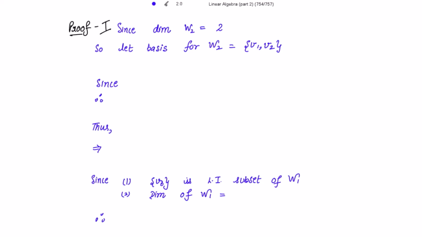And since W1 is not a subset of W2, which means the elements present in W1 are not all elements of W2, therefore there exists V3, suppose, which belongs to W1, but V3 does not belong to W2, right?